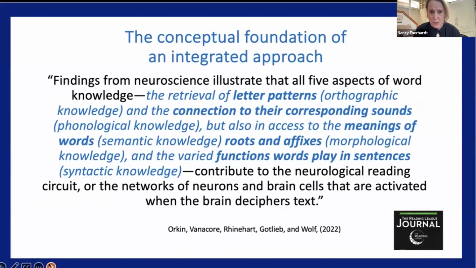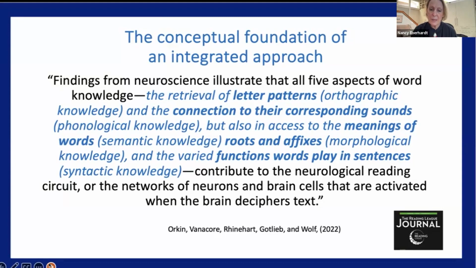A couple of years ago, an article appeared in the Reading League Journal that said what this model is about better than we could. So we've borrowed this quote to talk about the fact that neuroscience has now confirmed for us things that we maybe were doing long ago, but now know why it's so important to do.